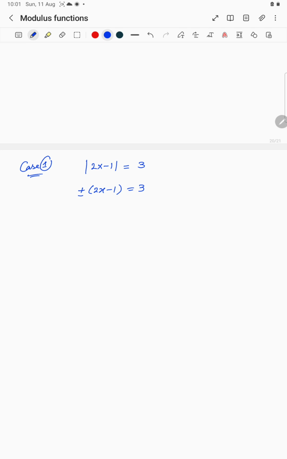Now you have two options to solve this. Either we have 2x minus 1 equal to 3 positively, or we have negatively, minus (2x minus 1) equal to 3.